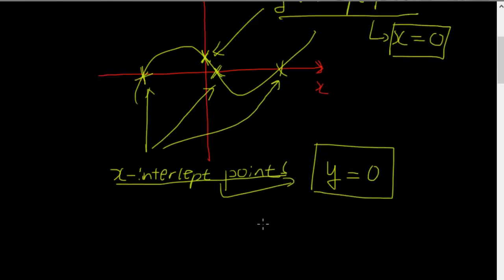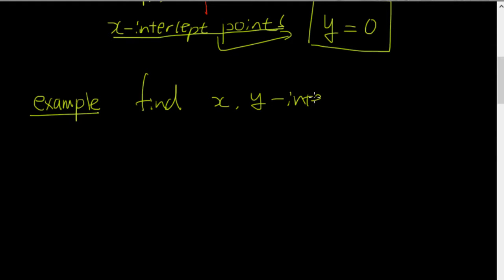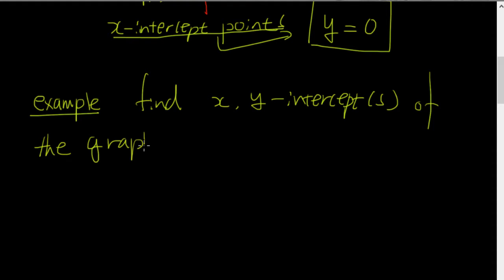So let's do an example. Let's say find the x and y intercepts of the graph, and the equation is y equals x squared minus 4.